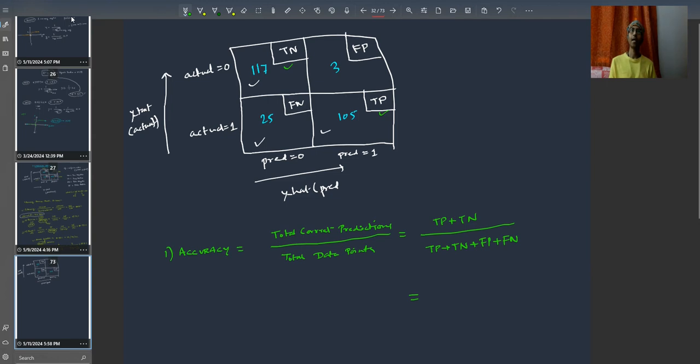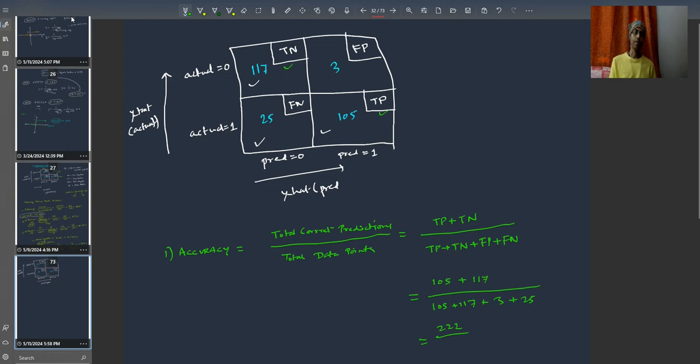So this is equal to TP is 105, TN, true negative, is 117, 105, 117 plus false positive FP is 3 plus false negative FN is 25. So this comes to 222 divided by 222 plus 3 plus 25.